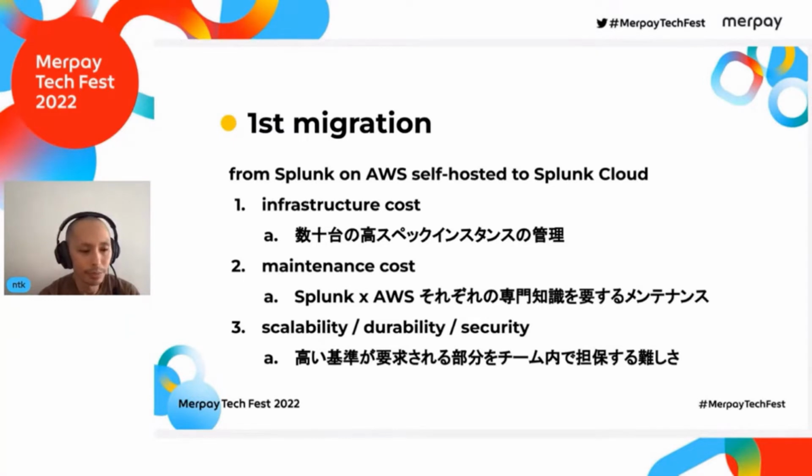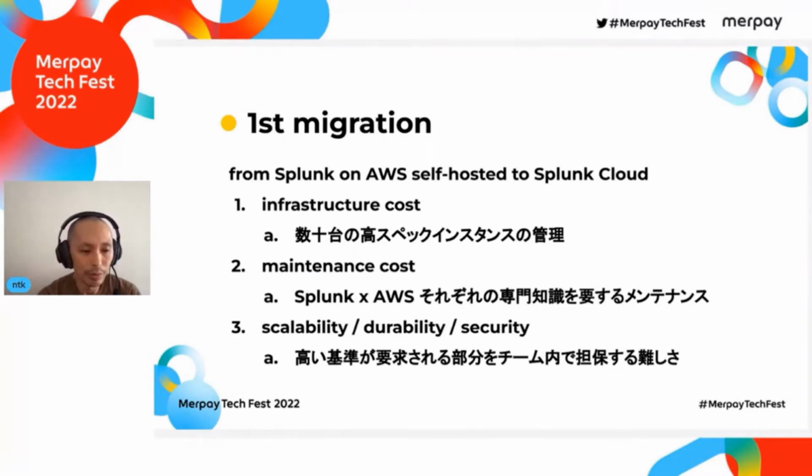However, as we continued to operate the system, both AWS and Splunk were mainly used by our team, and the operational load increased. Specifically, infrastructure costs: the cost of managing dozens of high-spec instances that make up a cluster, and the maintenance costs.